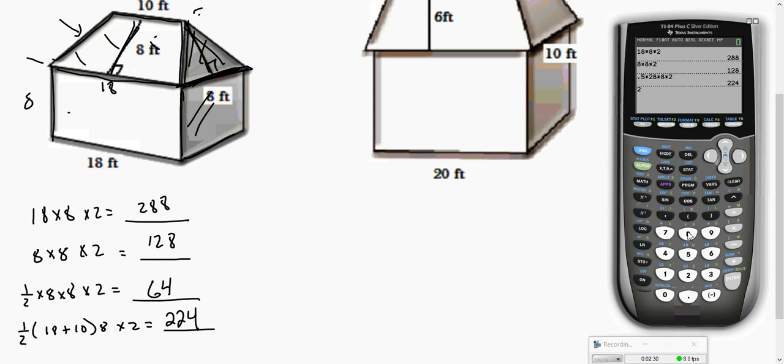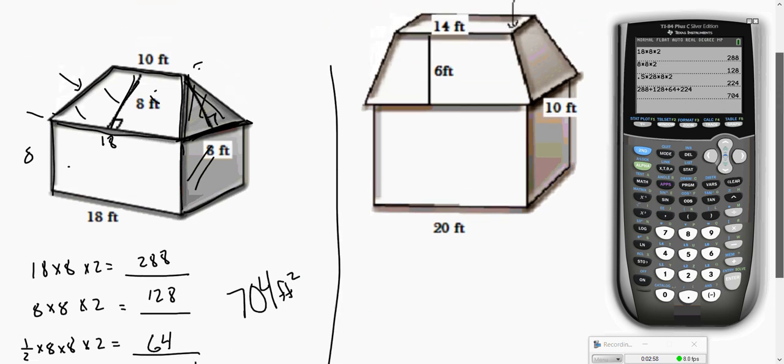So we get 288 plus 128 plus 64 plus 224. I think I typed that all in right. Okay. Equals, so the surface area of this one is 704. And that was feet, so it'd be feet squared.